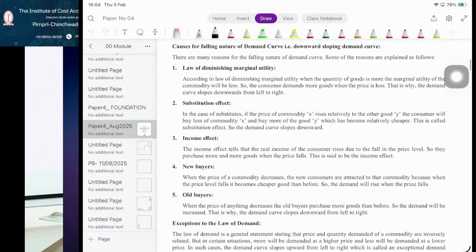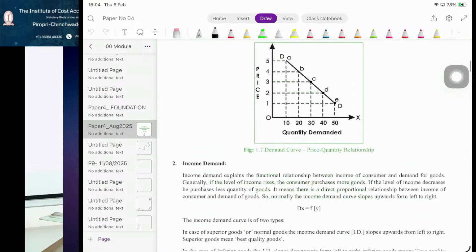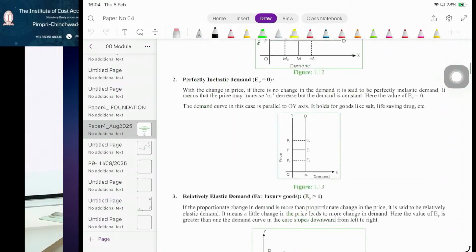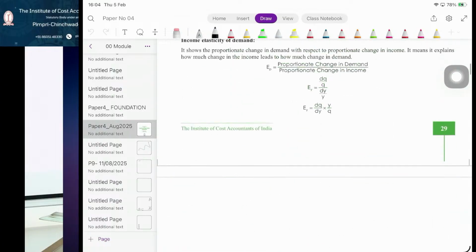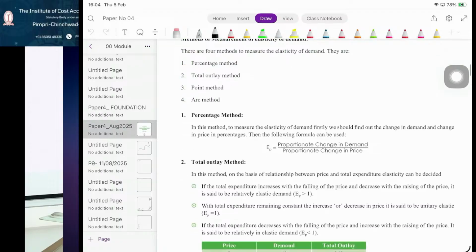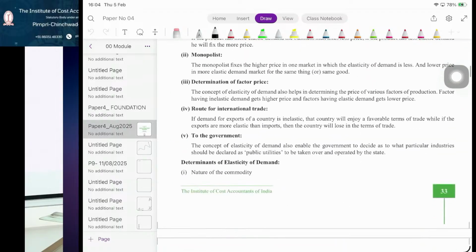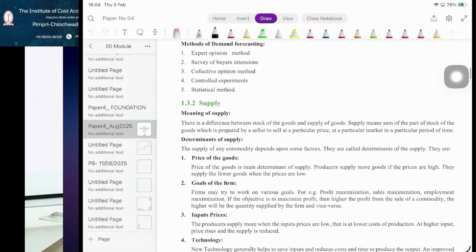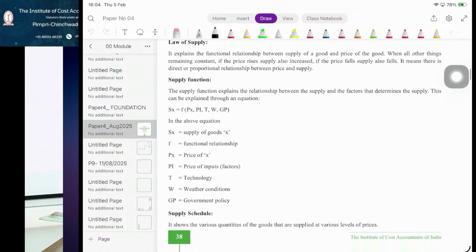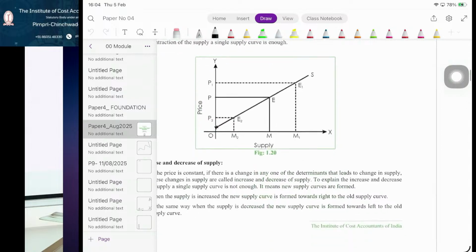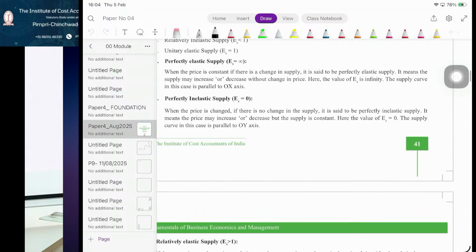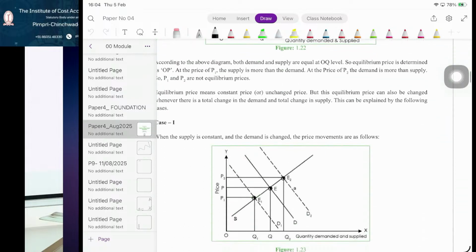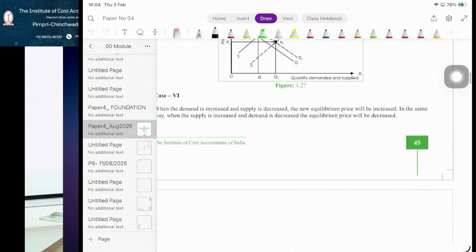So this is 1.3, we are doing 1.3. What page are the problem sets? Page 69.